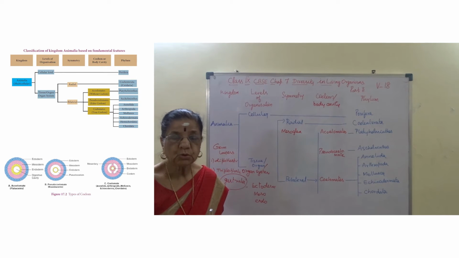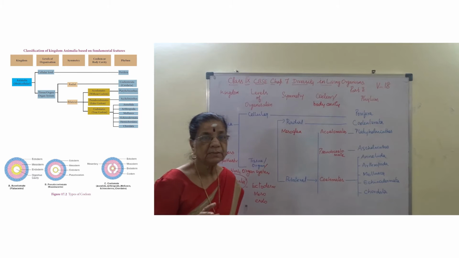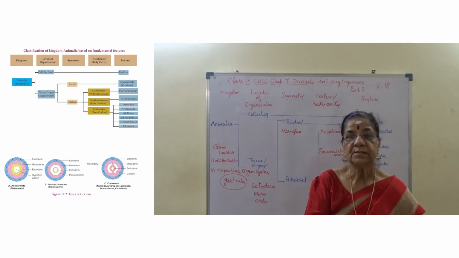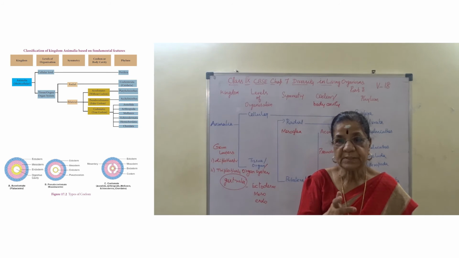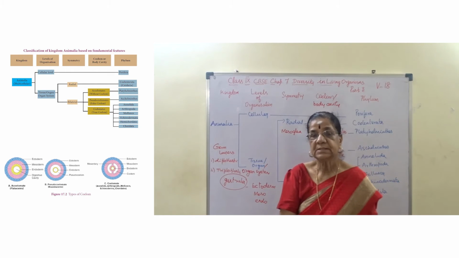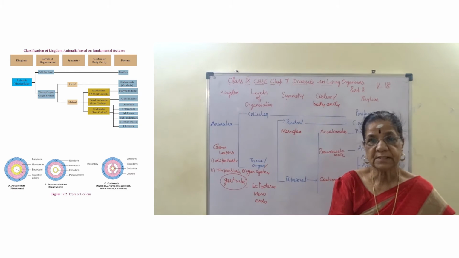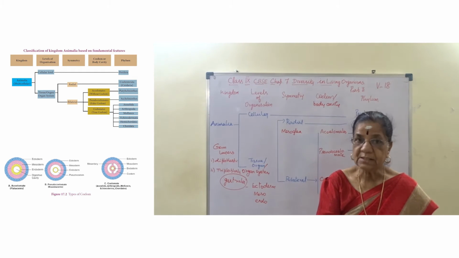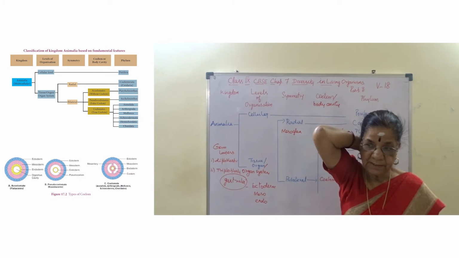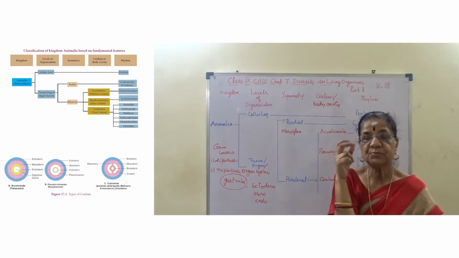When there is no differentiation, when their body parts are irregularly arranged, they are asymmetric. Asymmetric animals we studied in the 5 kingdom lesson, in kingdom Protista, for example amoeba. Whereas here in kingdom Animalia, we are learning about 2 types of symmetry.